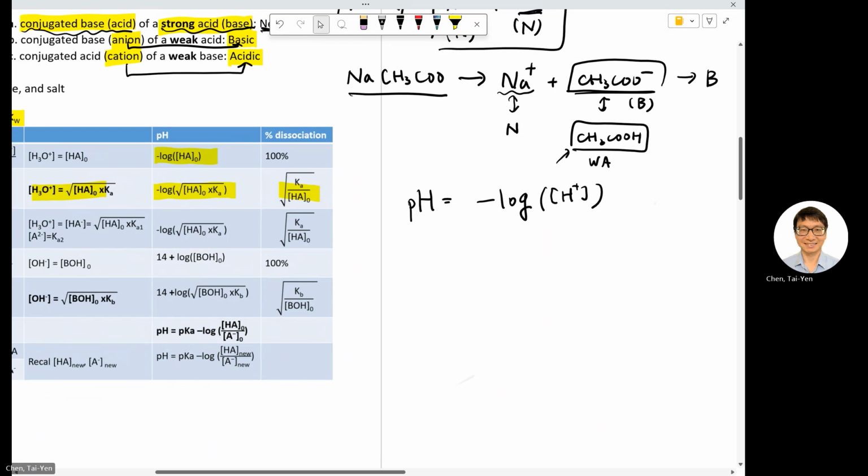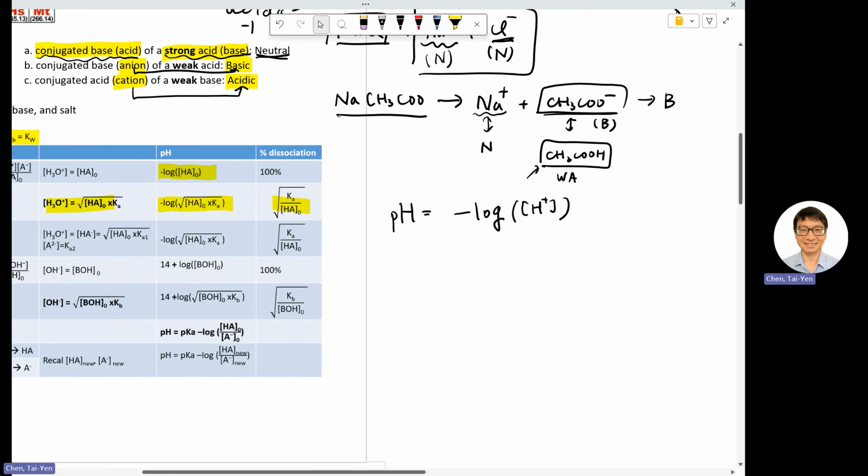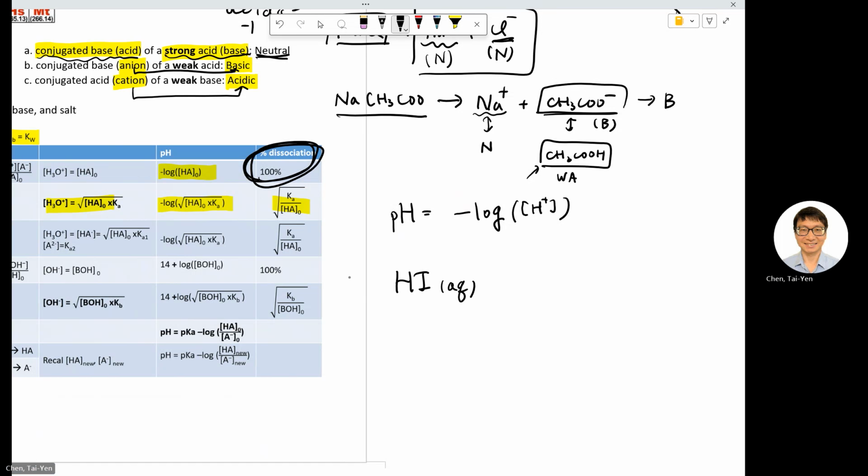No? Okay. Let's talk about the strong acid solution. First, what does strong acid mean? Very good. That's the key: 100% dissociation. So let's say you have 1 M HI aqueous solution.